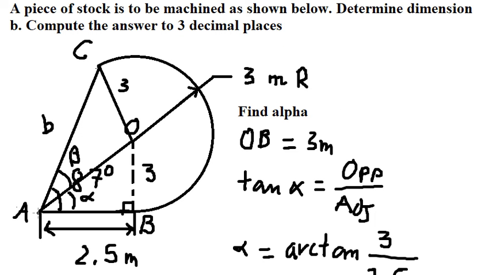So this means AC square plus AO square minus 2 AC AO cosine beta equals OC square.